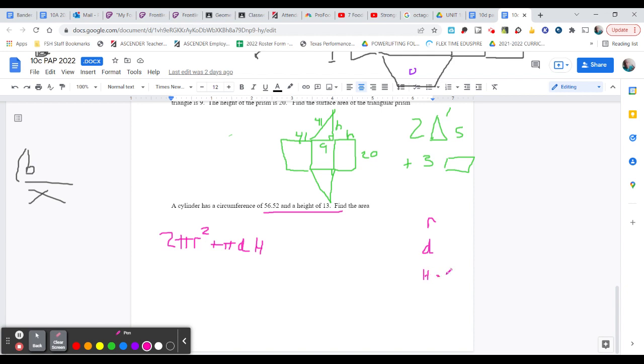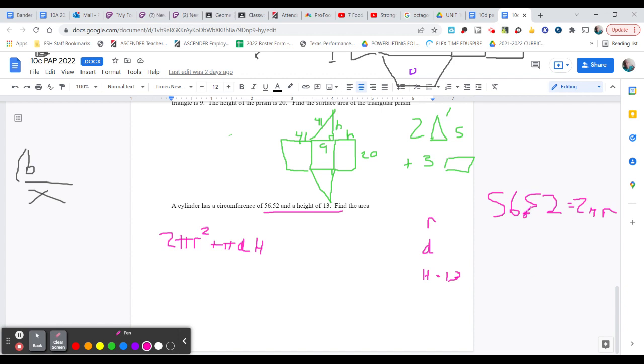They give us the height is 13. Sorry for my handwriting. I have to type with a mouse because my screen isn't working. All right, so circumference is 56.52. We use the circumference to find the radius. The formula for circumference is 2 pi r.